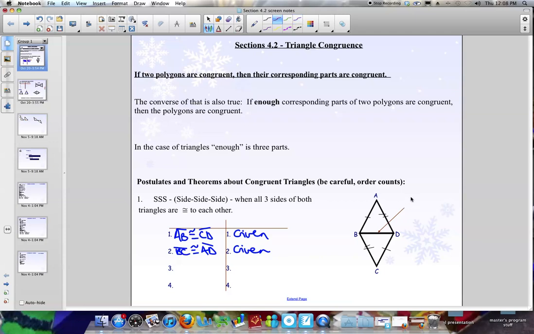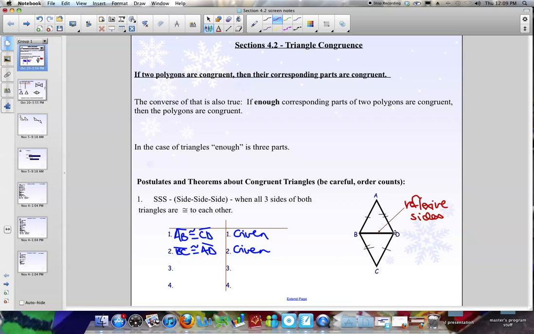One of the things that you look for is something called reflexive sides. We call them reflexive sides because the reflexive property tells us that anything is equal to itself. If 2 triangles are situated so that they share the same side, that would be BD would be in triangle ABD and BD would be in triangle BCD.